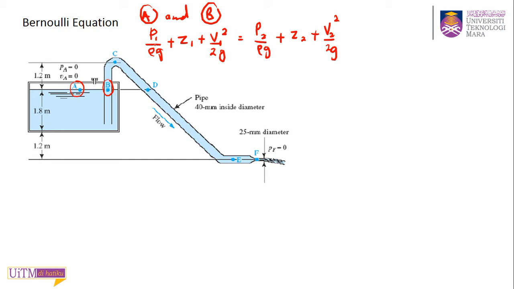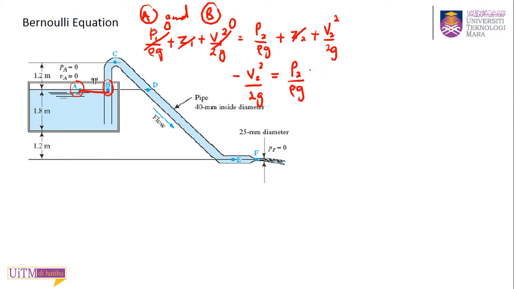Okay, so we know PA is 0, P1 is 0, V is also 0. Okay, and we can cancel out the Z terms because this is the same elevation. Z at A and Z at B cancel. So this will leave you only this term, minus V2 squared over 2G equal to P2 over rho G.